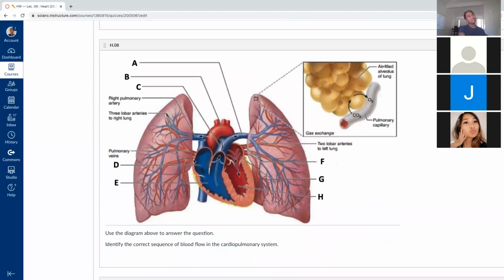The circulation inside the heart: the right atrium accepts all the blood from the whole body via the superior and inferior vena cava. From the right atrium, blood goes through the tricuspid valve into the right ventricle.